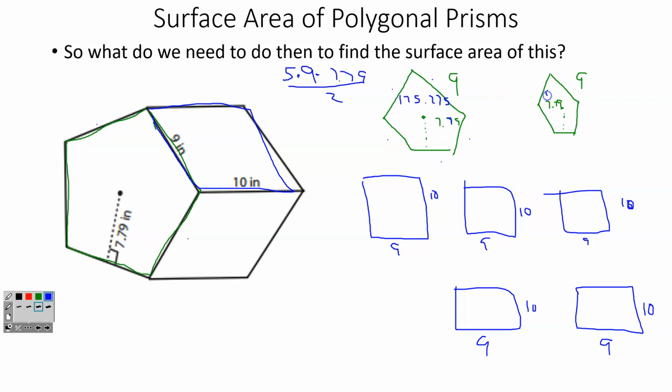So that means this side is going to be the same, 175.275. To find the area of a rectangle, it's just length times width, so 9 times 10, which is 90. That means all of these are going to equal 90.